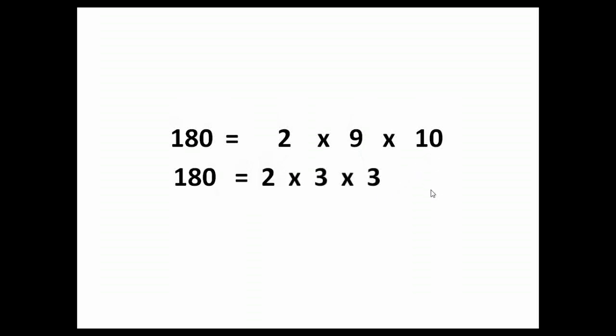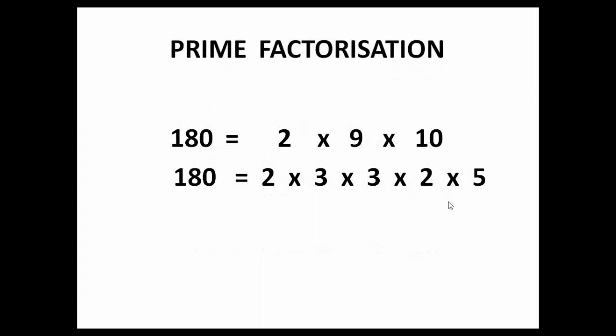And 10 can be written as 2 times 5. So now all the numbers are prime numbers. So 180 is now represented as a product of primes. This method of representing any number as a product of primes is called prime factorization.